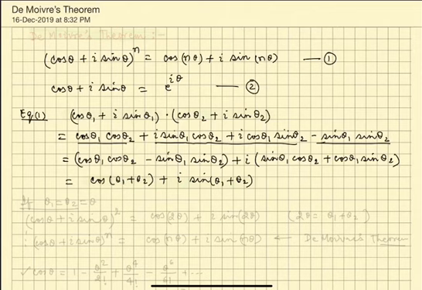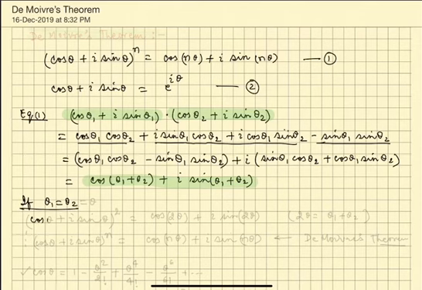Okay, so what did we find? We found that when cos theta 1 + i sin theta 1 and cos theta 2 + i sin theta 2 are multiplied, the angles are added up. Okay, so now if I had theta 1 equals theta 2, what will we get?